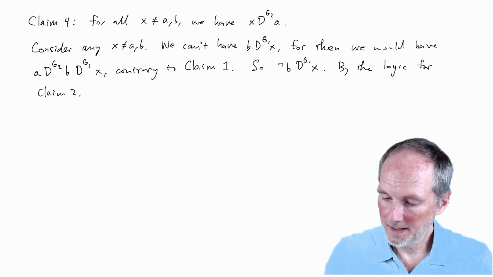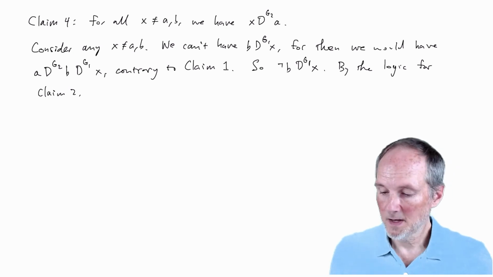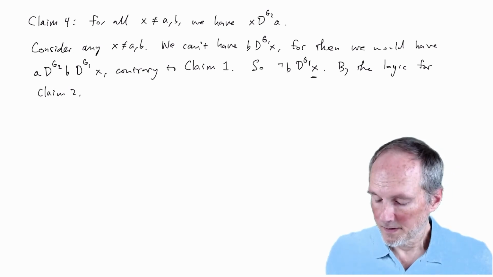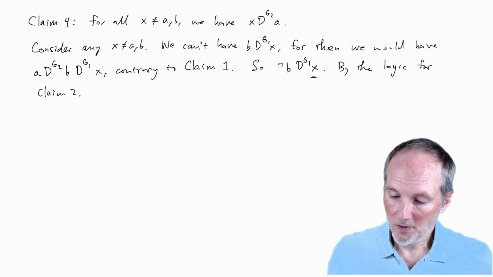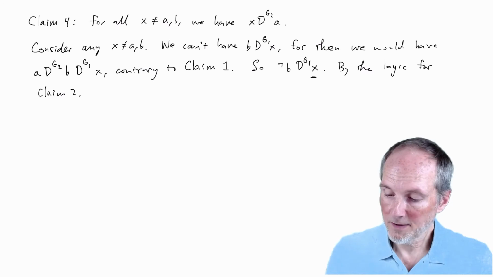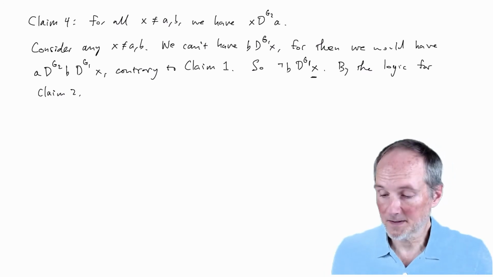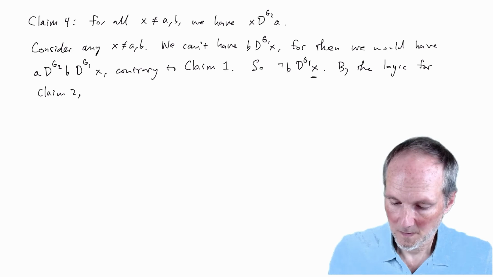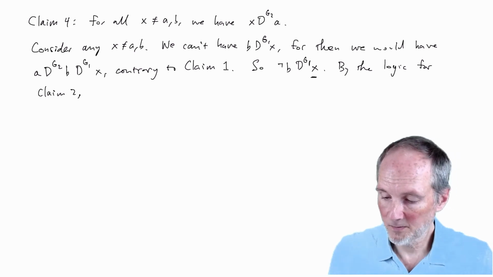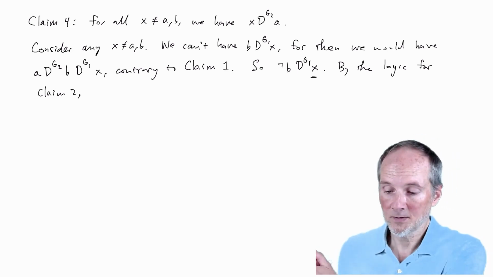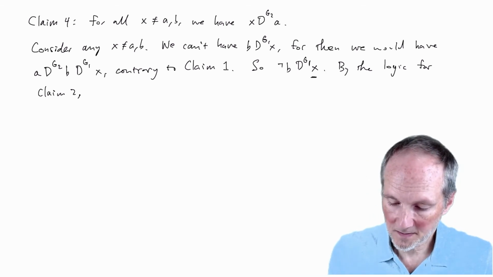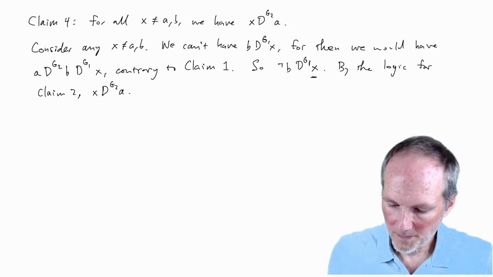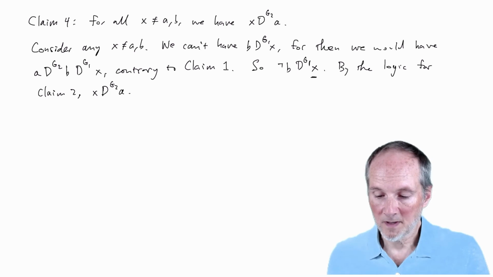It follows that G2 will be decisive for X over any third alternative not equal to B or X. In particular, we can think about A. A is a third alternative not equal to B or X, right? So that gives us this. That's what we wanted to claim.